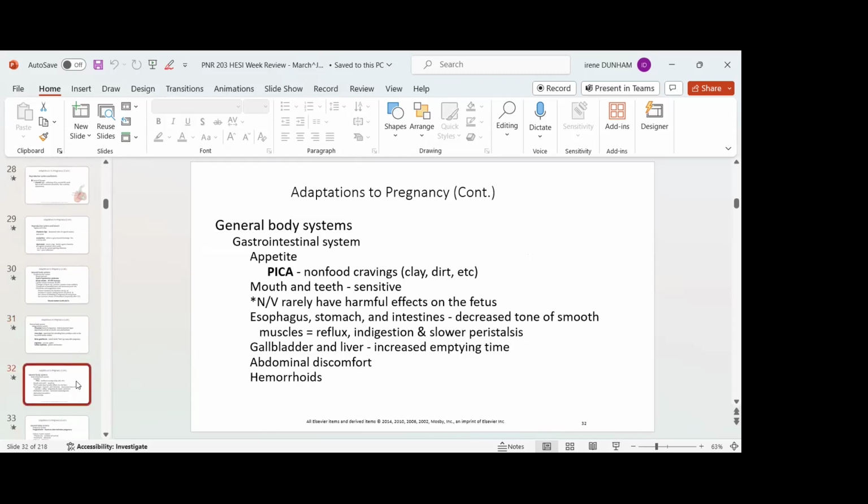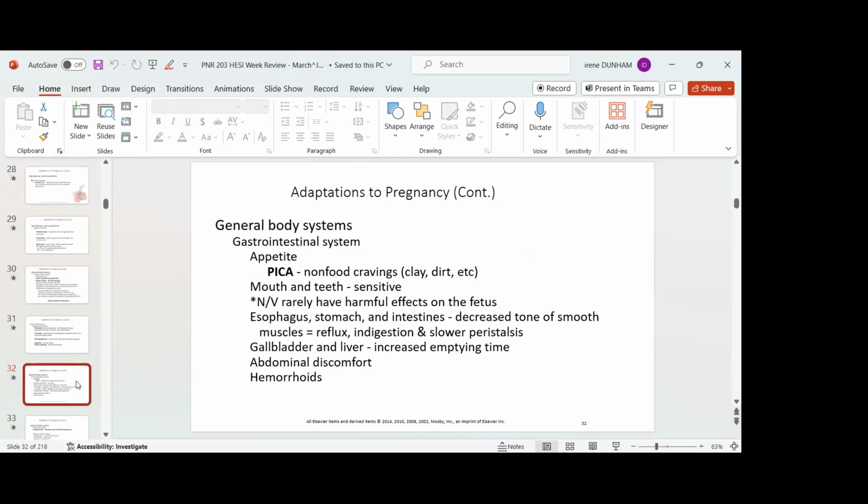Now, under GI, her appetite does change. A lot of times they have non-food cravings, and that's called pica, P-I-C-A. They like dirt, they like clay, some people like starch, which is non-food, and it does happen.